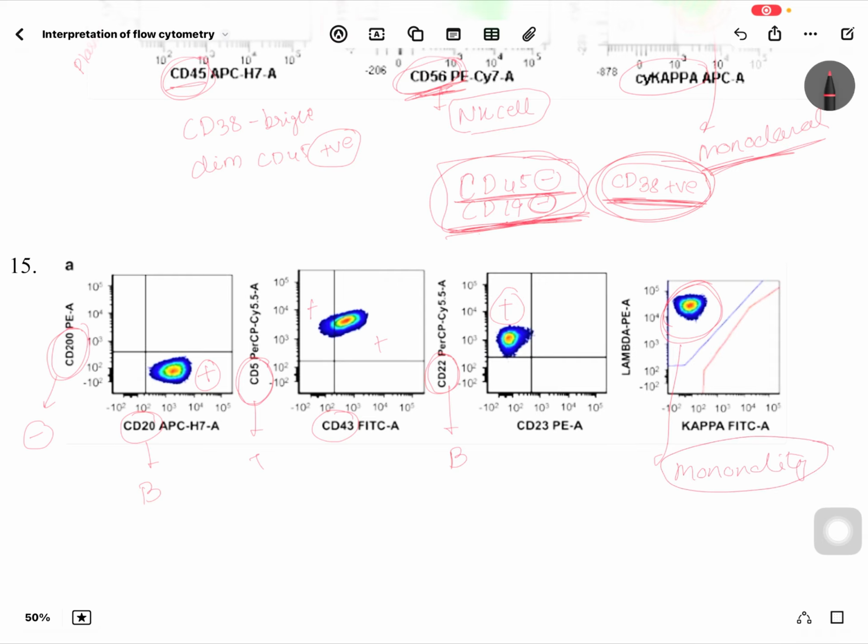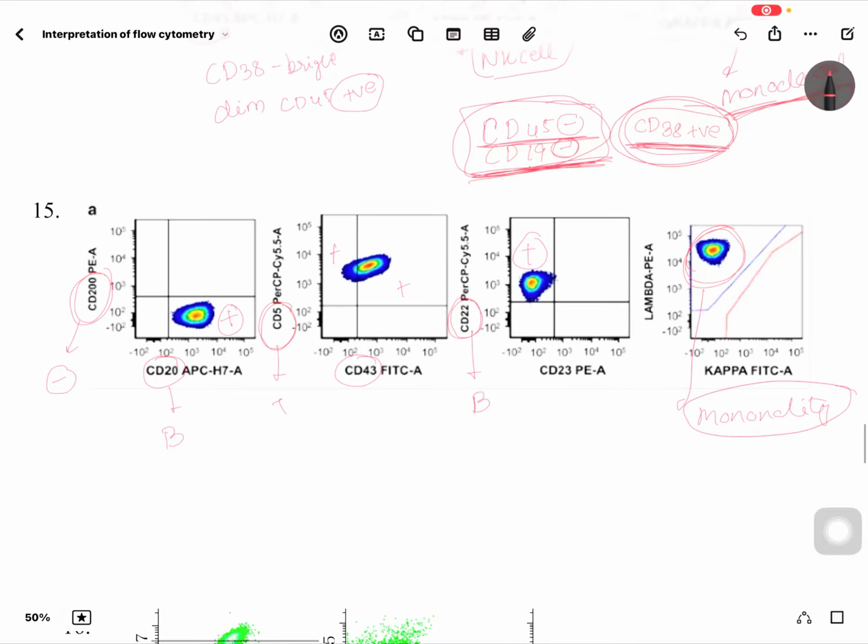Now, does this fit into any category? Yes, CD5 is positive, CD23 is negative, CD200 is negative. So what is the answer? It is again mantle cell lymphoma. Got it? That is how we distinguish.